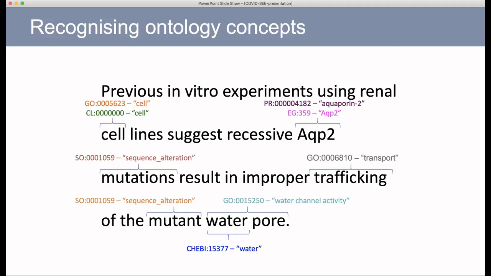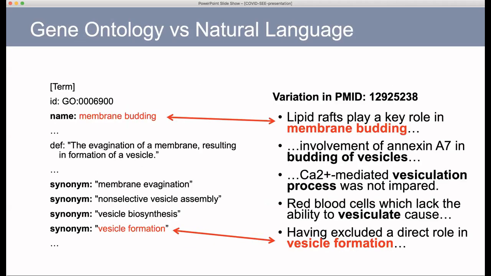And in the process of working with the CRAFT corpus, we explored and developed a number of tools for recognizing ontology concepts. And this really views the ontologies primarily as a vocabulary resource, and then thinking about how to map those ontology concepts into the literature involves trying to deal with some of the linguistic variability that we find in the literature.